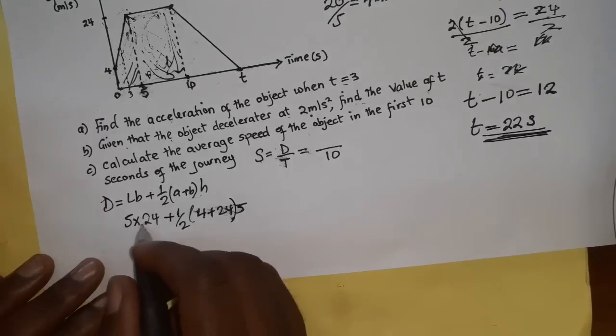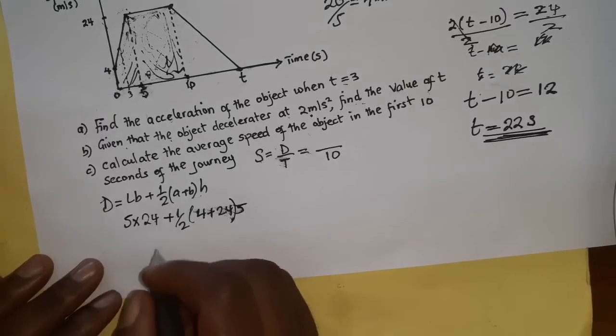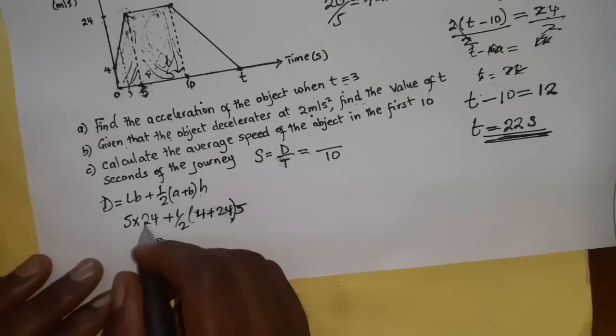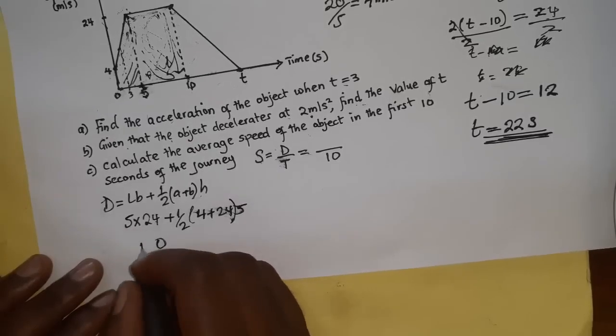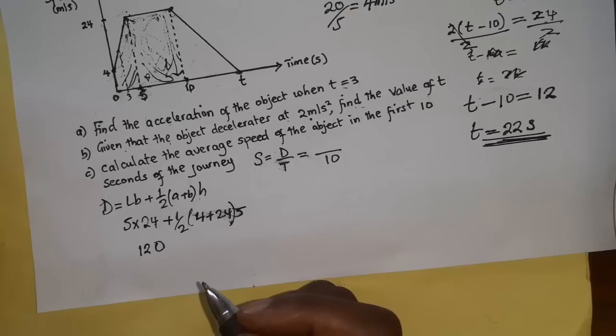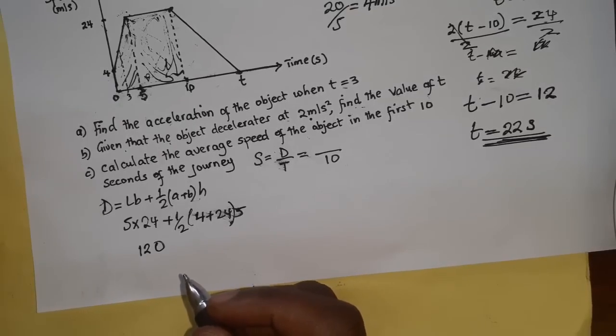When you multiply these two here, you get 120. Am I right?